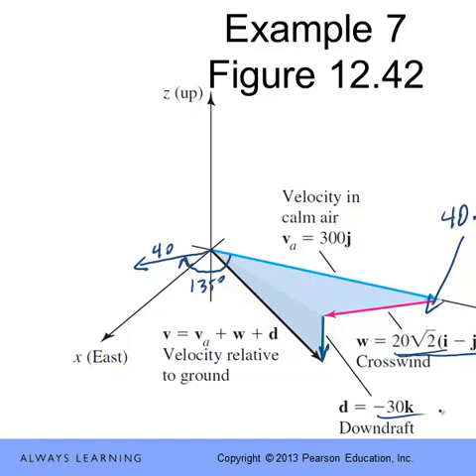And then all you need to do to get the resulting motion of the plane is just to add up those three vectors here to get the motion of the plane plus the crosswind plus the downdraft. And then you'll have the resulting vector relative to the ground. So you'd add the 300 j hat plus the 20 root 2 times the i hat minus j hat, minus 30 k hat.